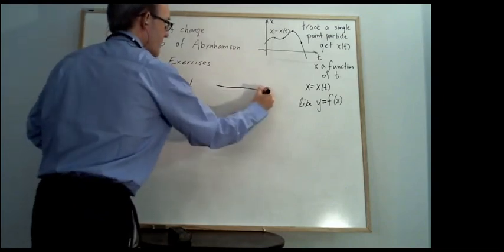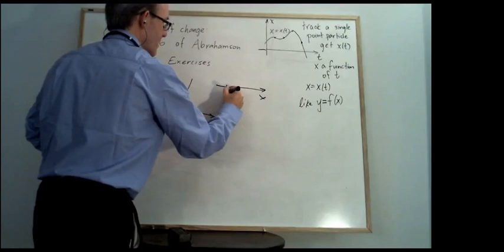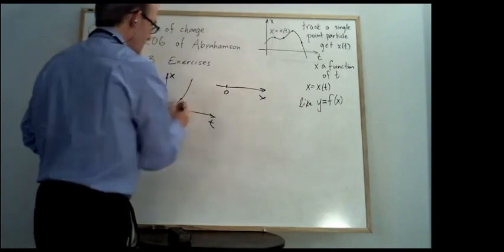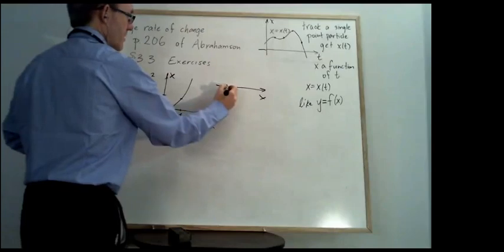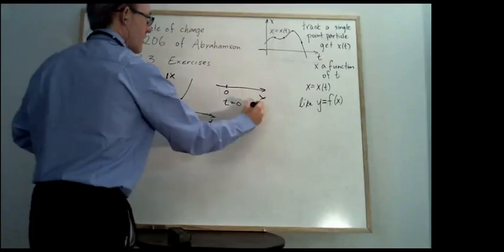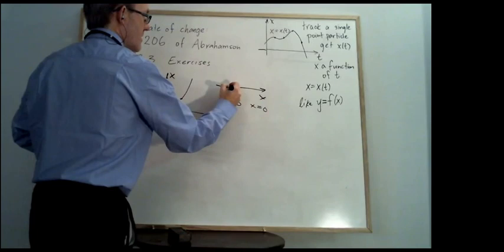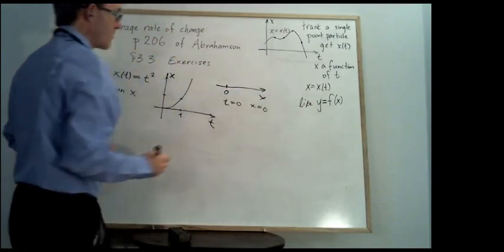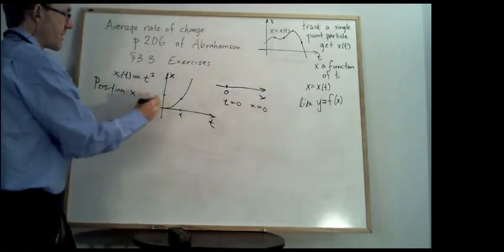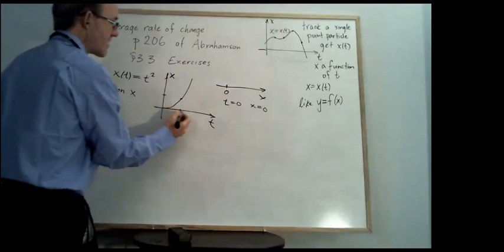So the idea is you have a point particle and it starts at 0 at time t equals 0. And then it starts moving to the right for an increasing x, and it moves faster and faster in the positive x direction. So it goes up like this as time elapses.